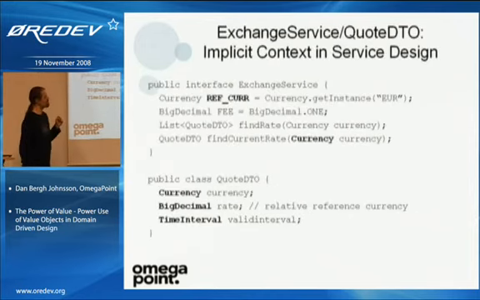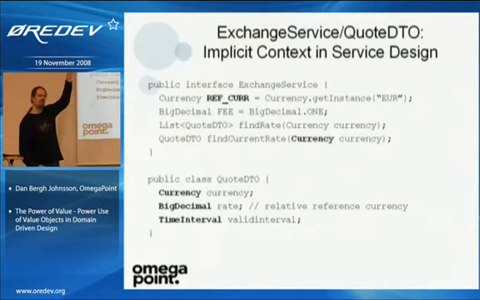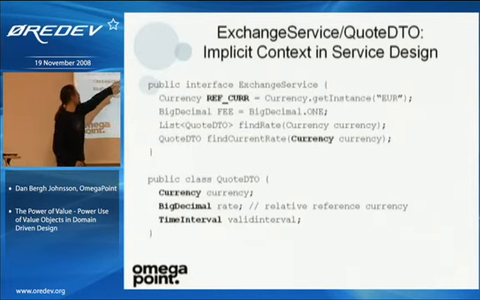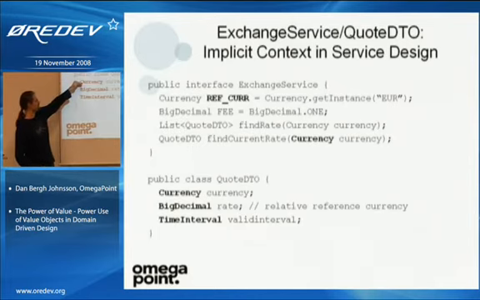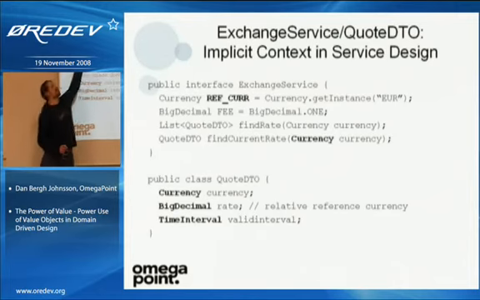Okay, another place where we're a little bit more subtle in this design, where we've got an implicit context, is in the design of the service. We were returning quotes with just the currency and the rate. But it's the currency with respect to the reference currency.